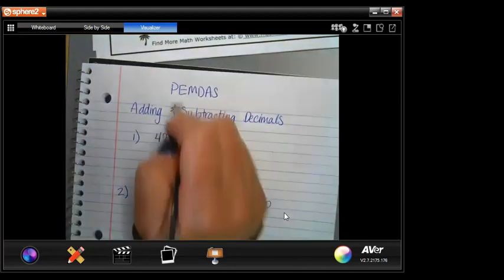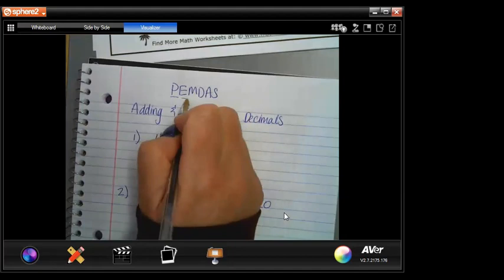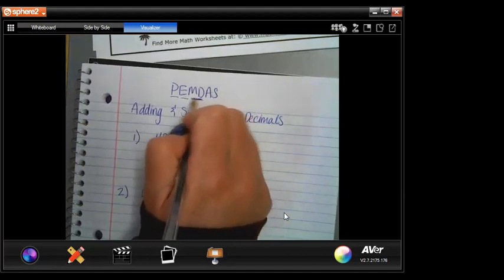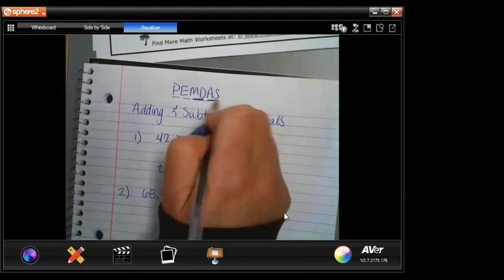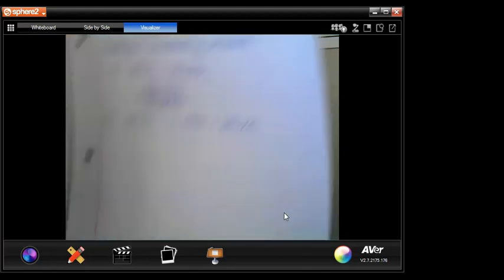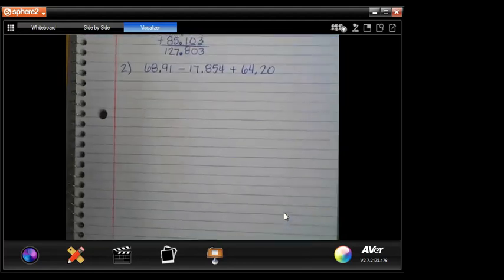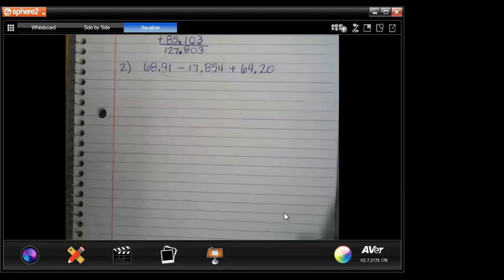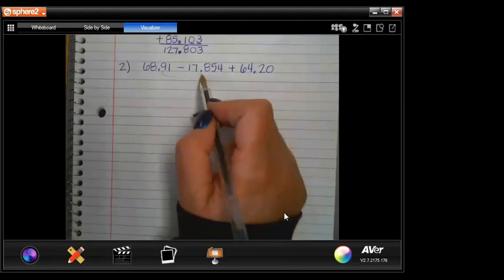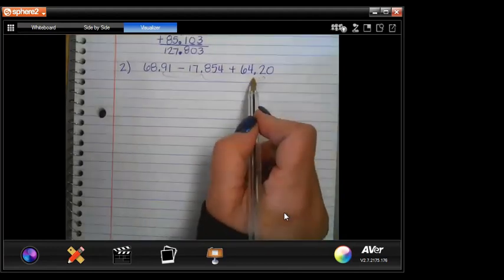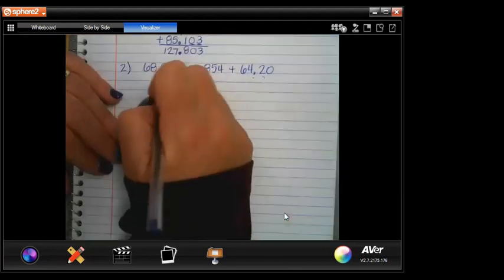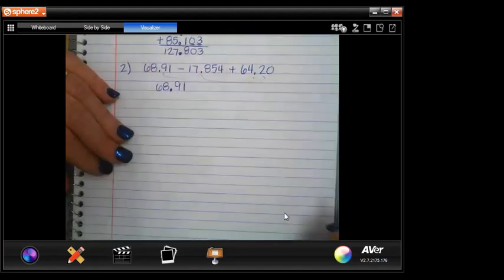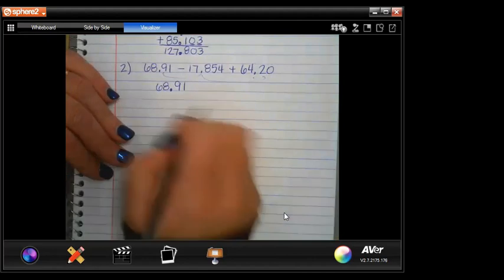That tells us that we do parentheses, exponents, multiplication or division, whatever occurs first in the line, addition or subtraction, whatever occurs first. So the order of operations for this problem says that we have to subtract these 2 first before we add that to the last term. So we're going to line up the dot and give it all we got.